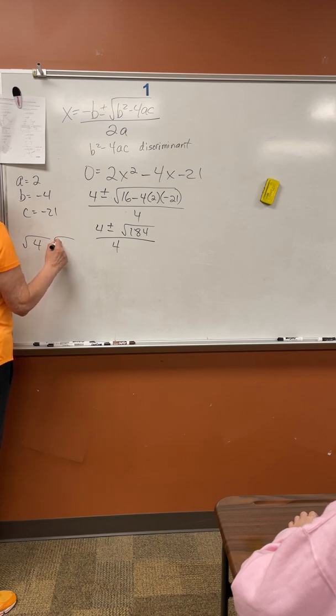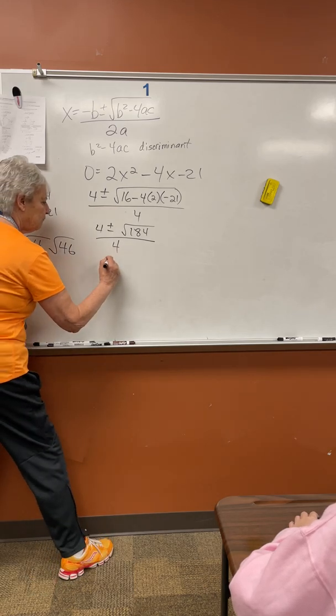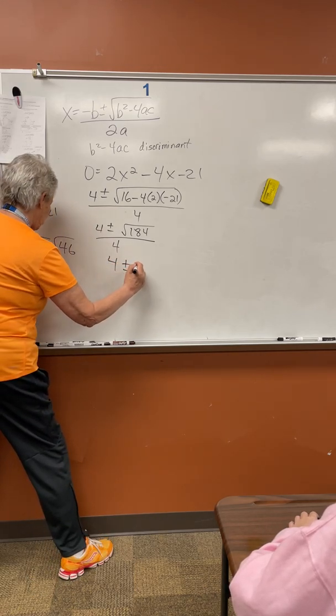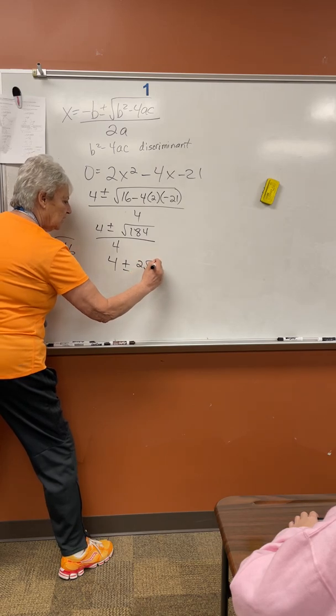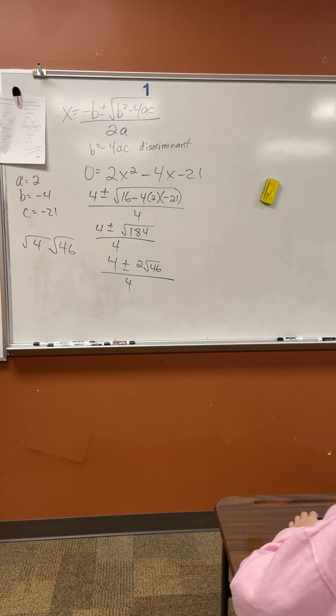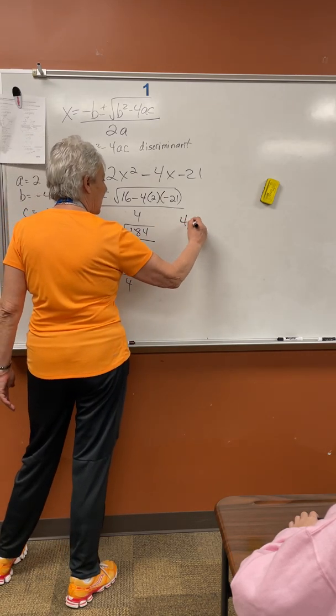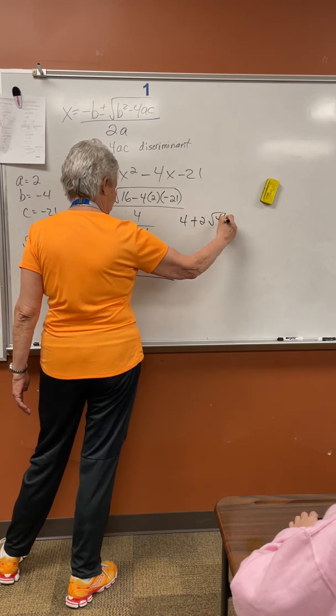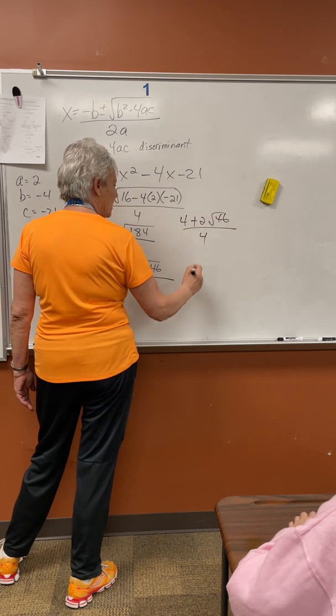46. 46? Mhm. So, it's really 4 plus or minus 2 radical 46 over 4. We're not done. 4 plus or minus 2 radical 46 over 4.